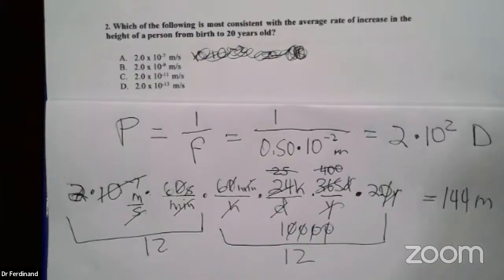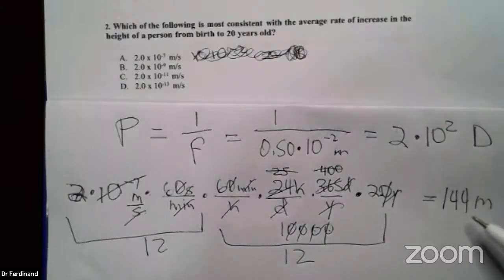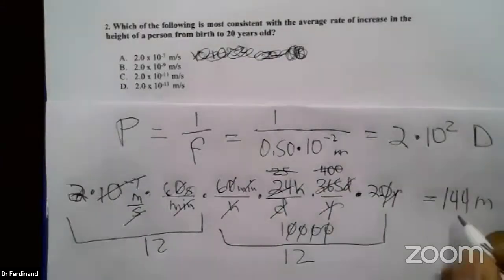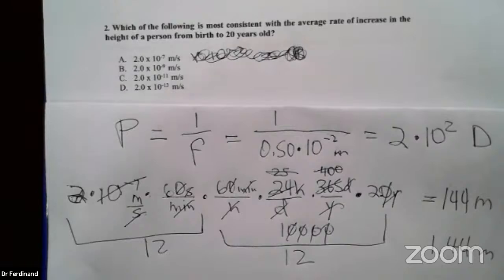So we have 12 times 12, which is 144. Did you gain 144 meters since your birth? No. That's longer than a football field or pitch, so that's not going to happen for any human being. So what about 1/100th of this? Instead of 144, what if it was 1.44 meters?